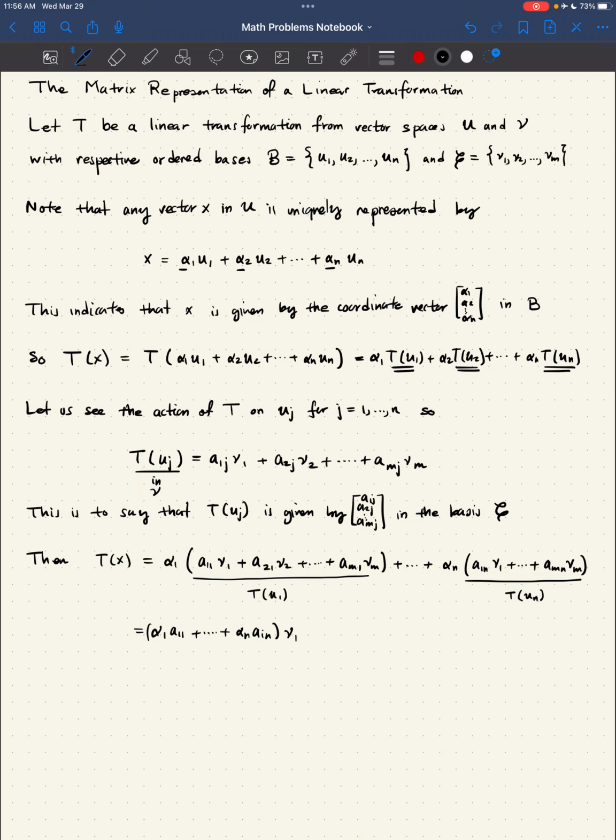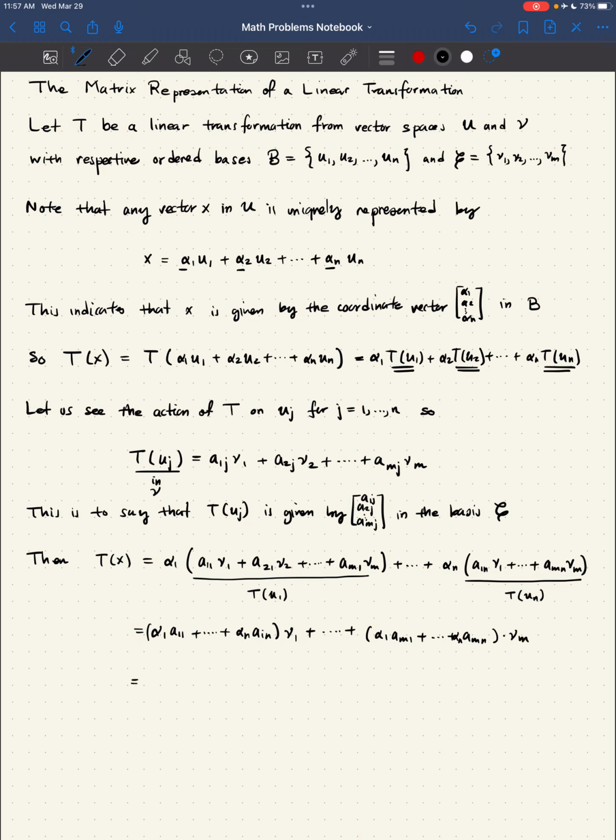What I want to do is obtain the coordinates of T of x in the basis given by C. So I'll continue in this fashion: plus and so on, alpha 1 am1 plus alpha n amn times vm.